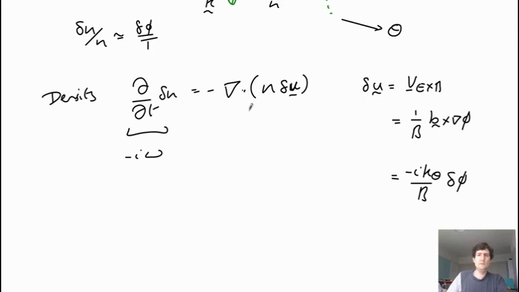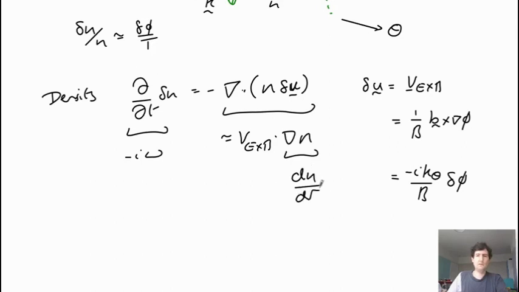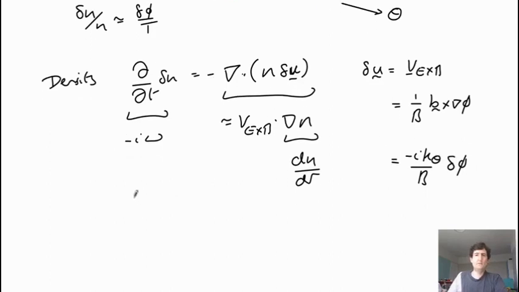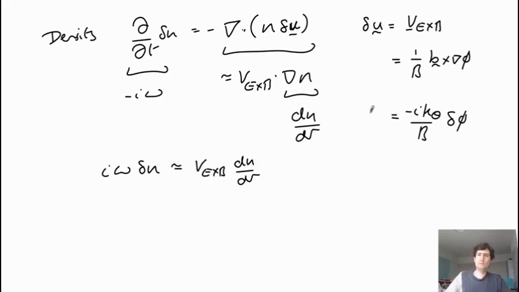This part here, if we ignore the compression of the E cross B drift, is approximately the E cross B drift dotted with the gradient of n, and this gradient is effectively just dn by dr. So this is the radial gradient, and so this is the radial E cross B. And then we can just substitute the E cross B drift into this component here.